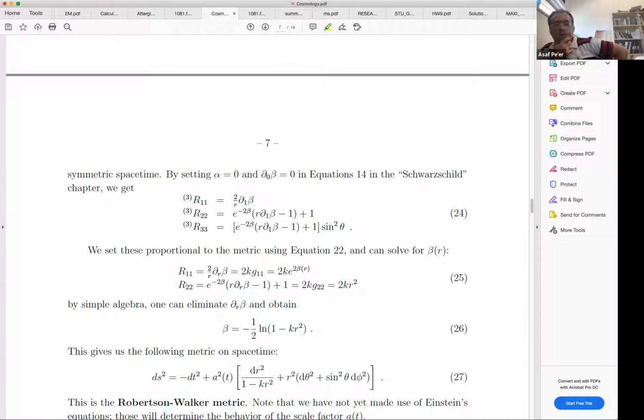Now, this has a name. This is the Robertson-Walker metric, or RW. This is the metric.